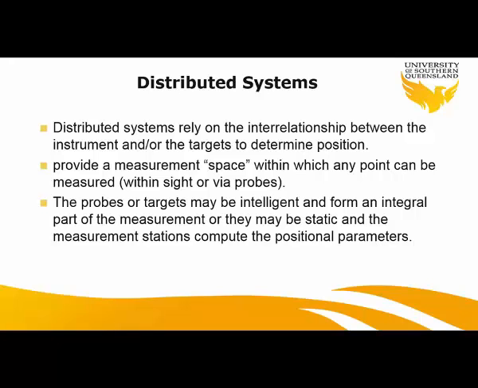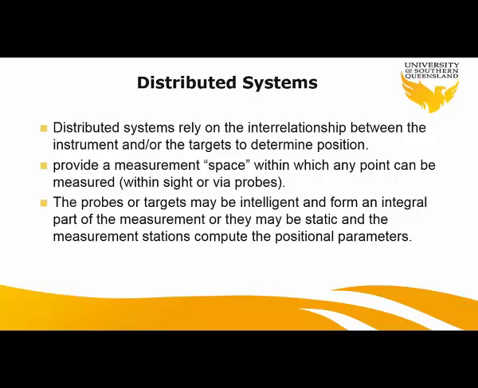The second type of system is the distributed system. The difference is that in a distributed system, you don't measure the coordinates directly, you rely on the interrelationship between the instrument and/or the targets to determine the position.